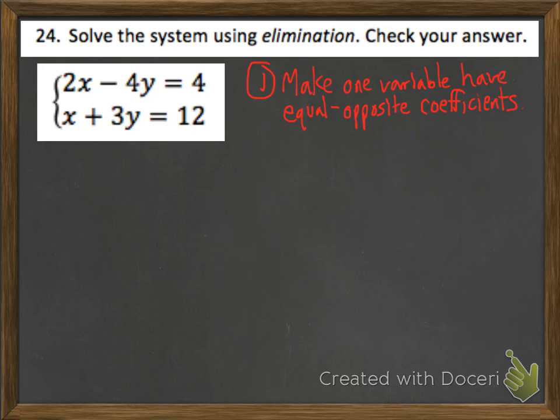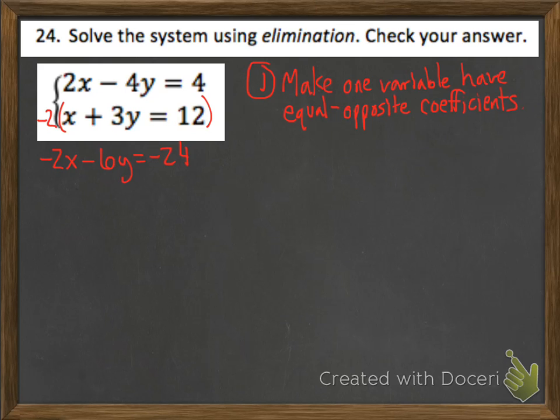However, x is nice. I can multiply the bottom equation by a negative 2, and then I'm going to get the same number in front of my x, but an opposite sign. So that new equation is going to be negative 2x minus 6y equals negative 24. Notice I multiplied the negative 2 times each term, not just by each term on the left side. I also had to multiply it by what was on the right side.